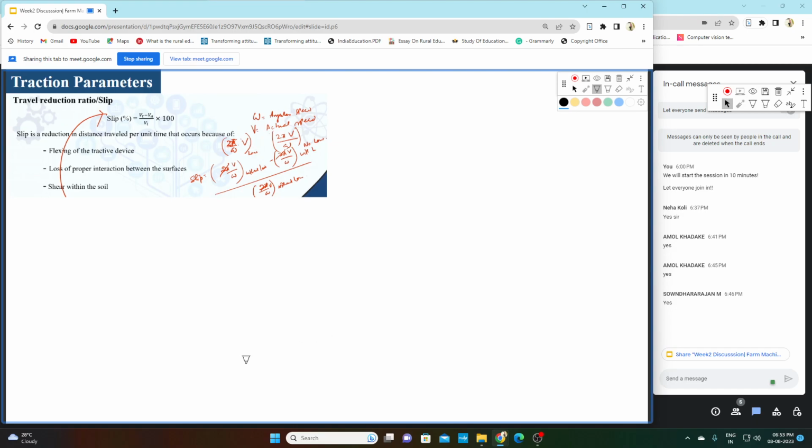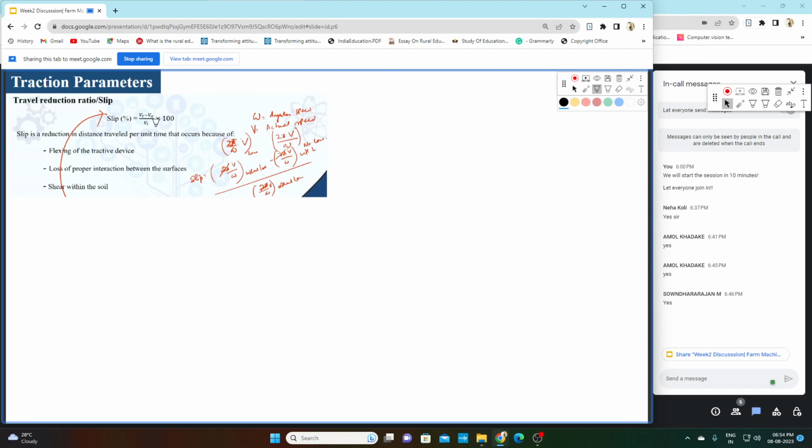Your actual speed is denoted by Va, and Vt is your theoretical speed. If your wheel had not slipped, its velocity would have been Vt, but now your wheel has slipped, so its speed is Va. So slip percentage is denoted as (Vt minus Va) by Vt.